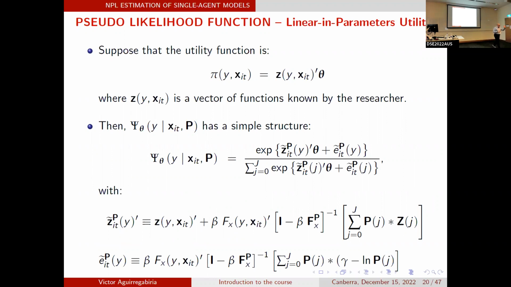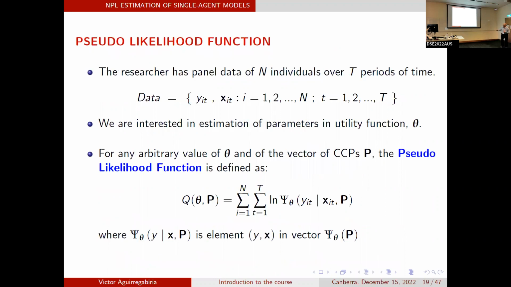Give me a value of P, I obtain this matrix, I invert it, I make this multiplication, and I obtain Z tilde and E tilde for every observation i,t in the sample. All this Z tilde and E tilde becomes data, and now what I have is a standard likelihood function of a multinomial logit model. For given P, this is a very simple standard multinomial logit, or conditional logit, McFadden's likelihood function.